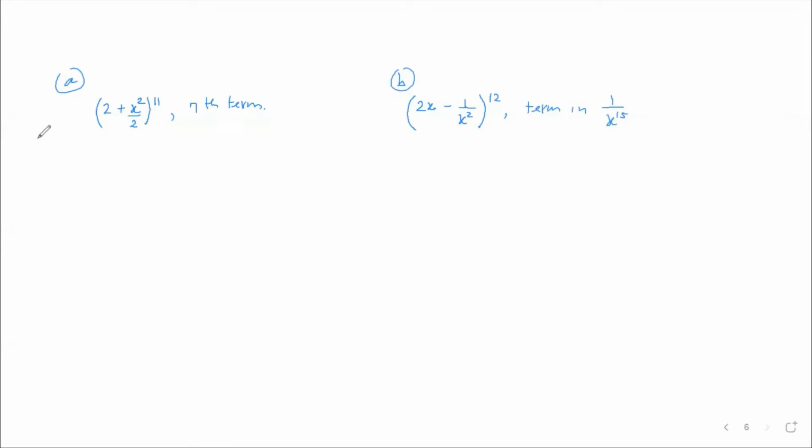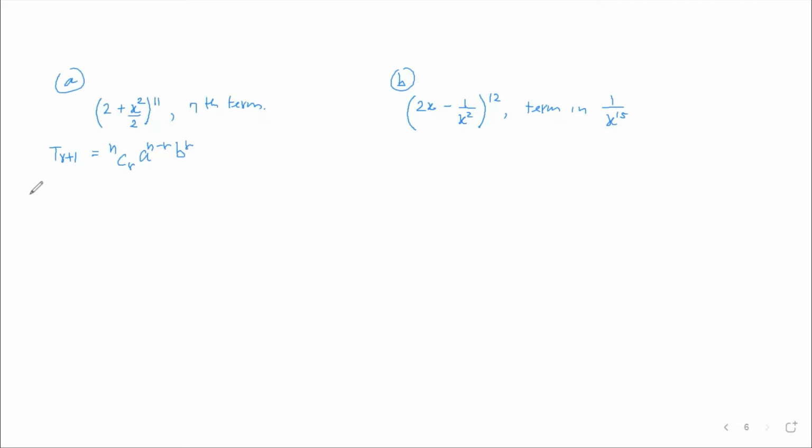Okay, so we work on question A first. Use the specific term formula again. So the formula is what? T r plus 1 equal to nCr a power n minus r, and then b power r.